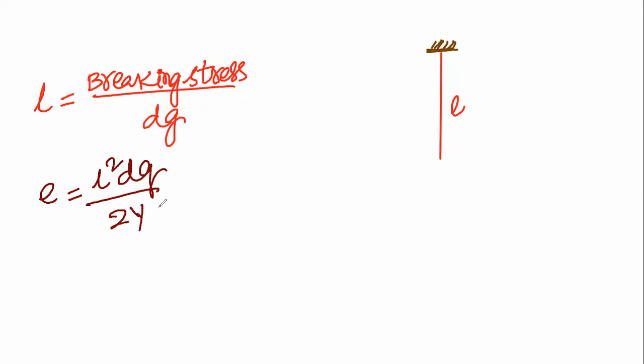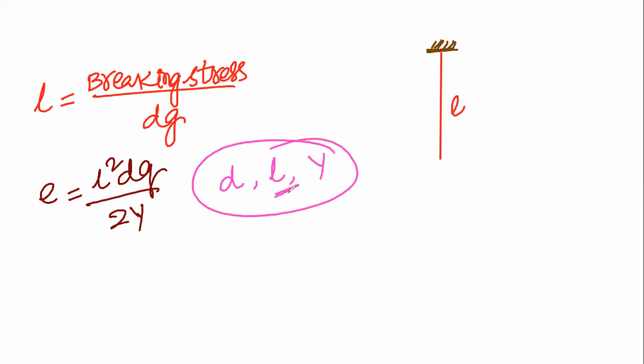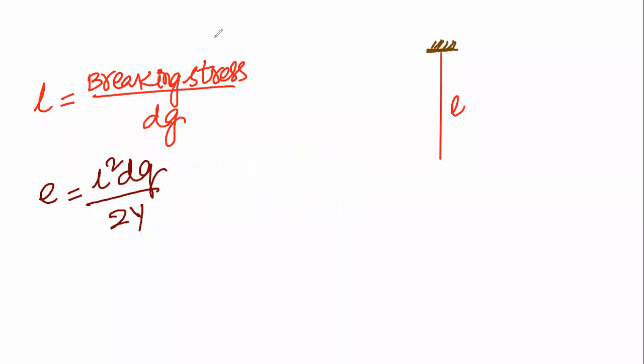For example, density of the material is D, length of the wire is L, Young's modulus is Y. If the length is greater than the minimum length, it will expand, which means it will extend. The length of the wire will be increased. So we take the extension in it.